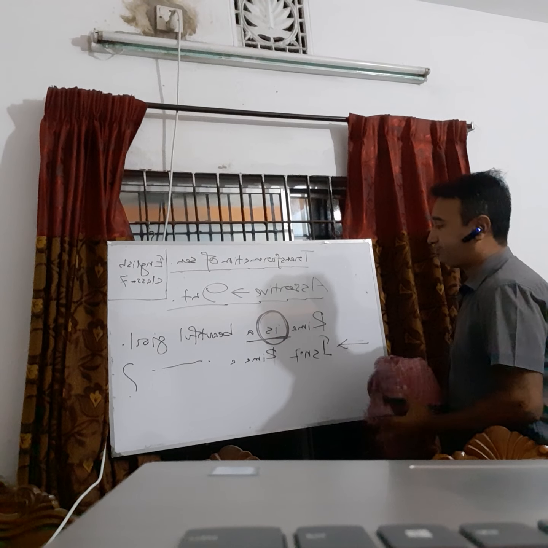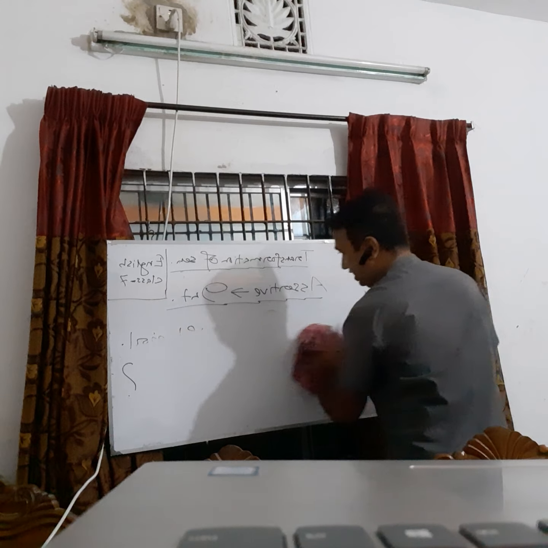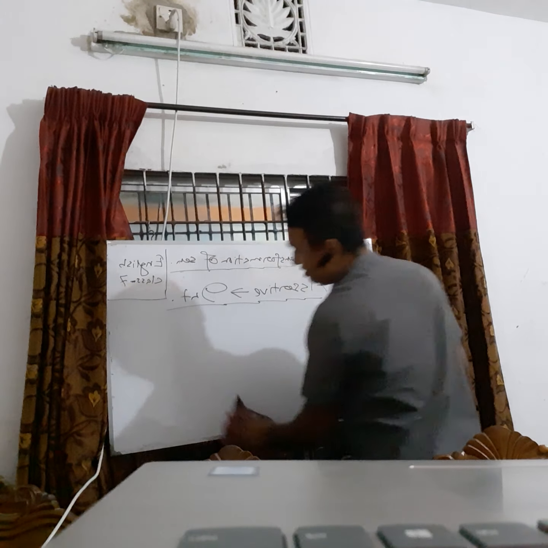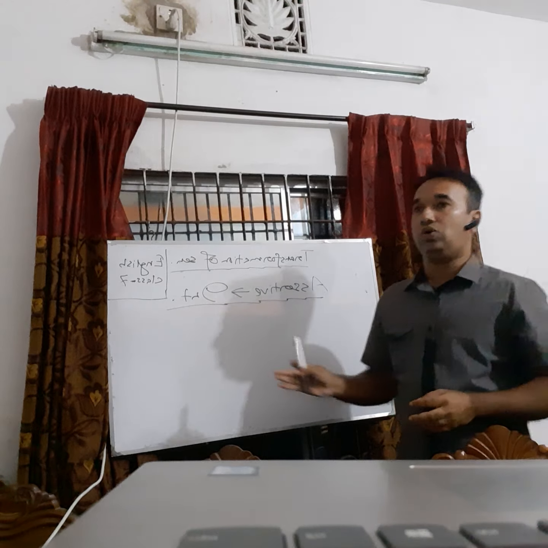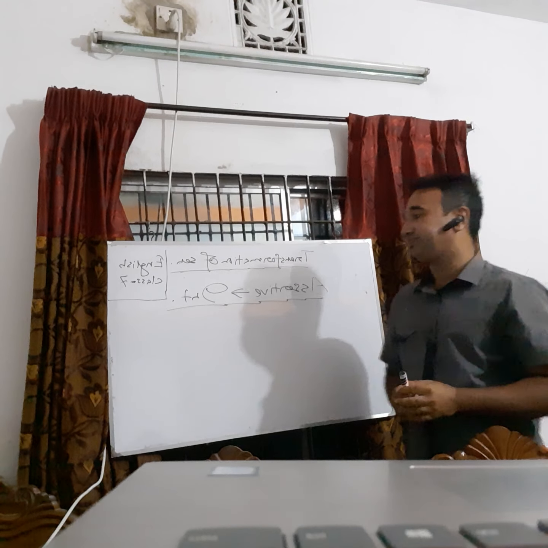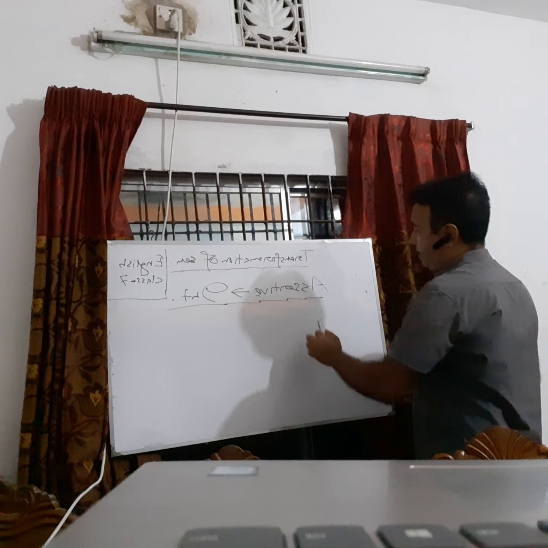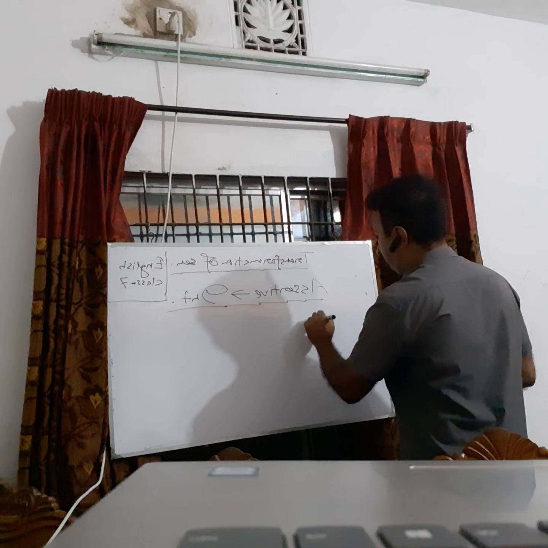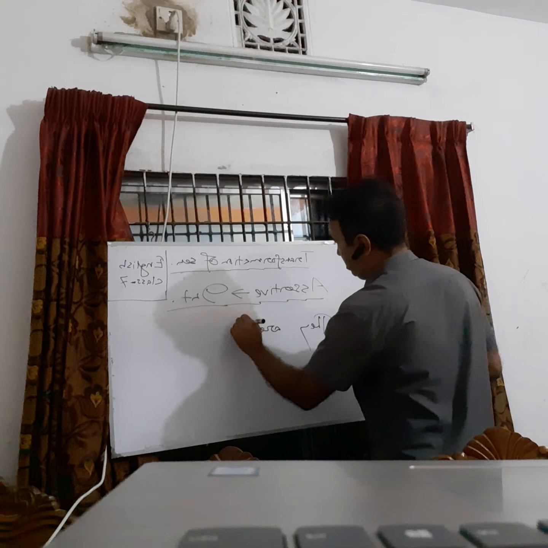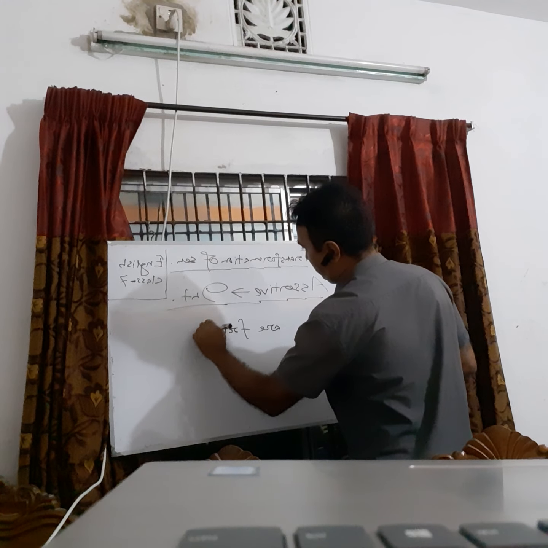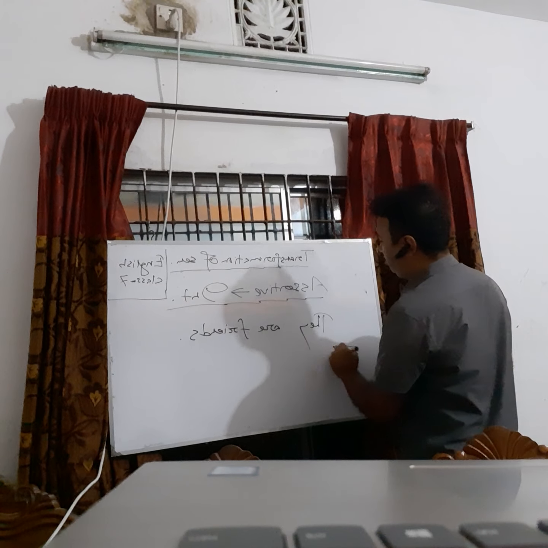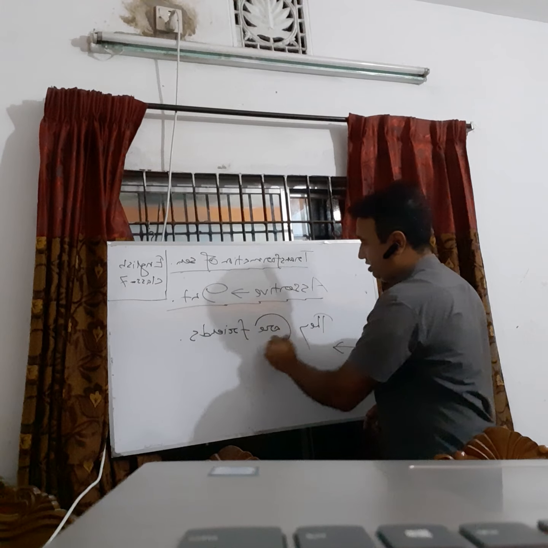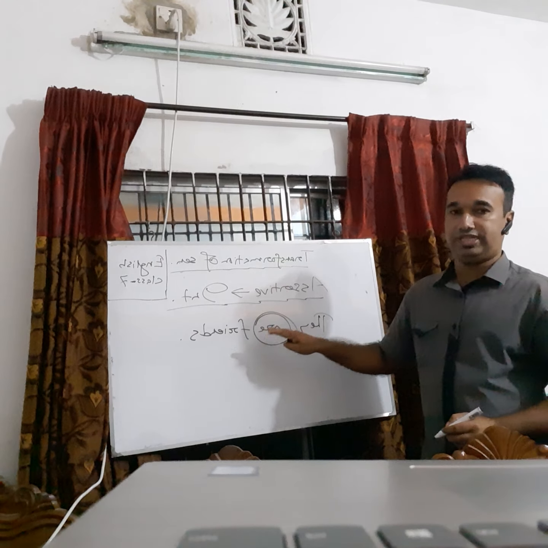So remember, if the sentence is positive, you have to make it negative interrogative. And if the sentence is negative, you have to change it only into interrogative. I'm writing another sentence. They are friends. Is there any auxiliary? Yes. Are is the auxiliary.